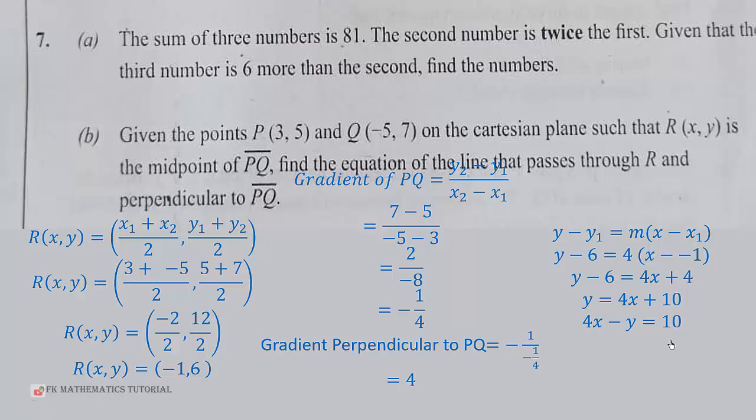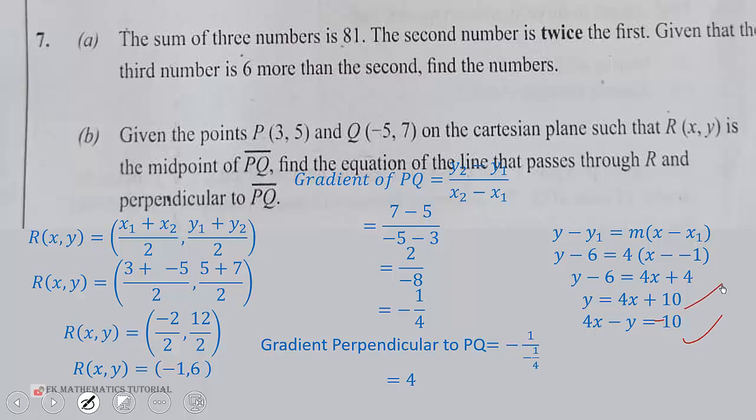Yeah, 4x minus y equal negative 10. So let me correct it. Good. So that would be negative 10 here. 4x minus y equal negative 10. If you want to write it in the standard form, that's it. So any of this is correct. This or this is correct.